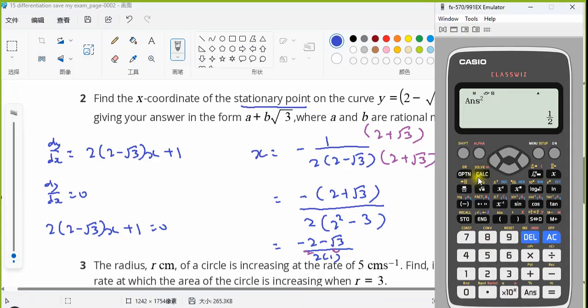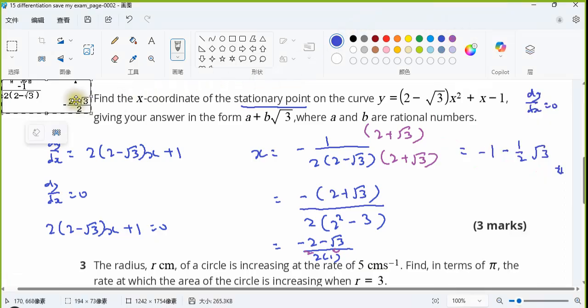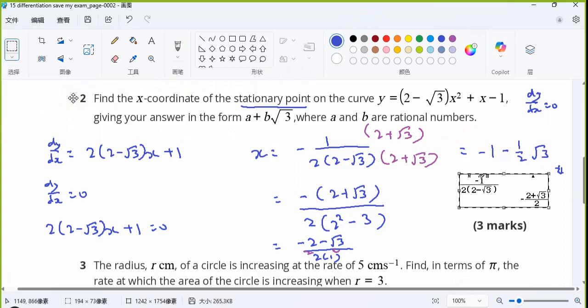Okay, so if this question comes out in paper 1, then you cannot use a calculator. But if in paper 2, then you can check your answer using a calculator.